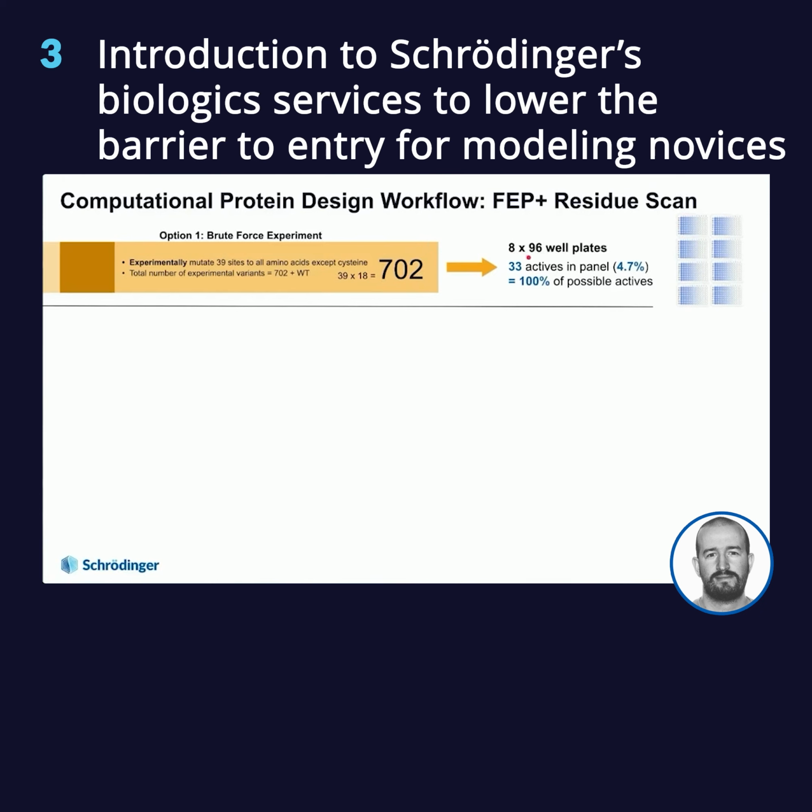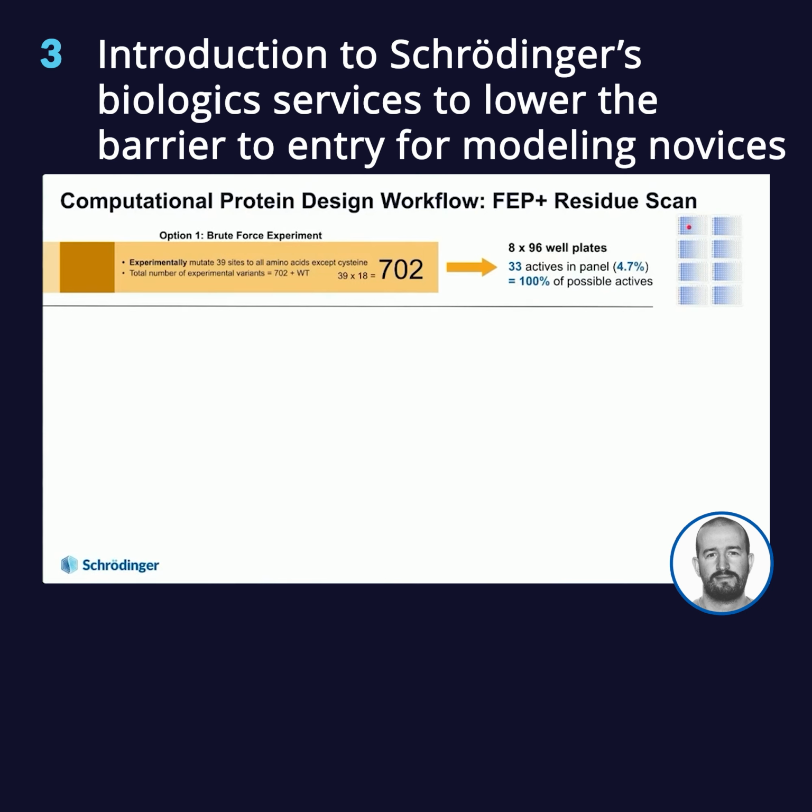Now, I'm applying this analogy for context. If you were to take those 702 mutations, you would need 8 96-well plates. And because we have 33 actives, we have around a 4.7% chance of finding a good mutation in any one of those wells. The benefit, though, is that all of those interesting mutations are in that panel.